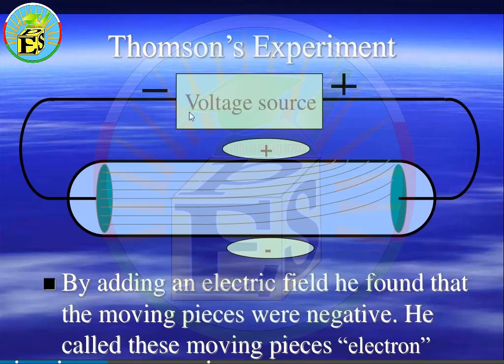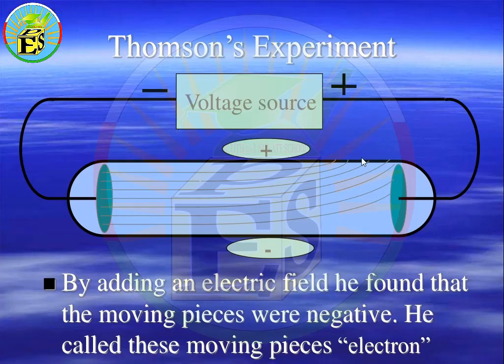Thomson's experiment: a voltage source, positive and negative. An electric field is applied to this tube, which is connected to the voltage source. This is the positive and this is the negative. A beam of electrons, or charge, comes from the negative plate to the positive plate. By applying an electric field, he found that the beam changed its direction toward the positive electrode.